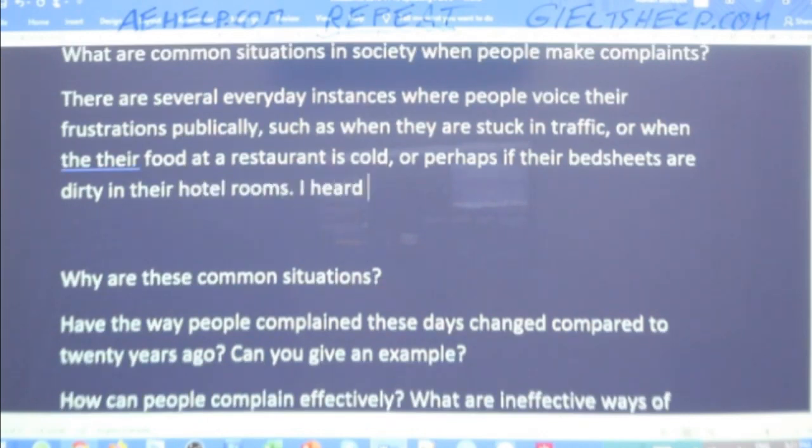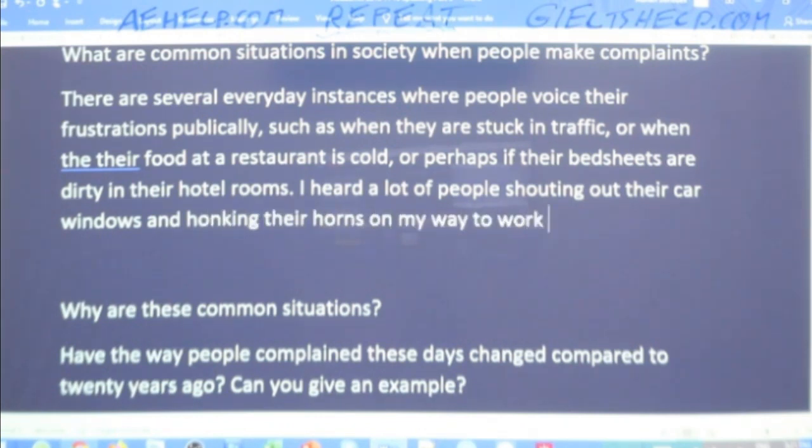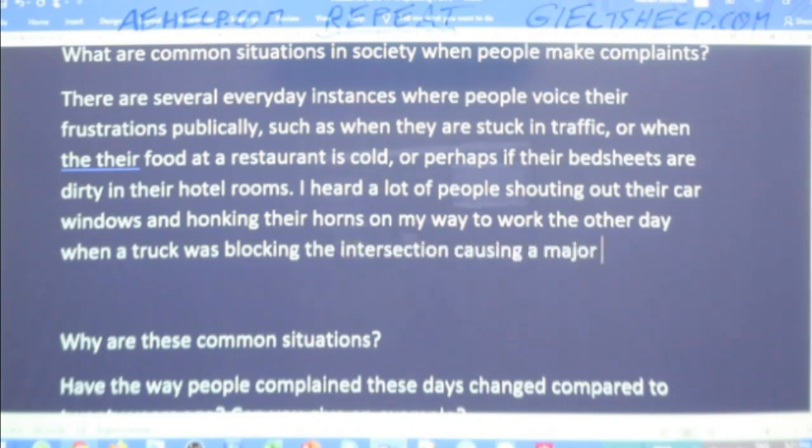I heard a lot of people shouting out their car windows and honking their horns on my way to work the other day when a truck was blocking the intersection, causing a major pileup. Okay?